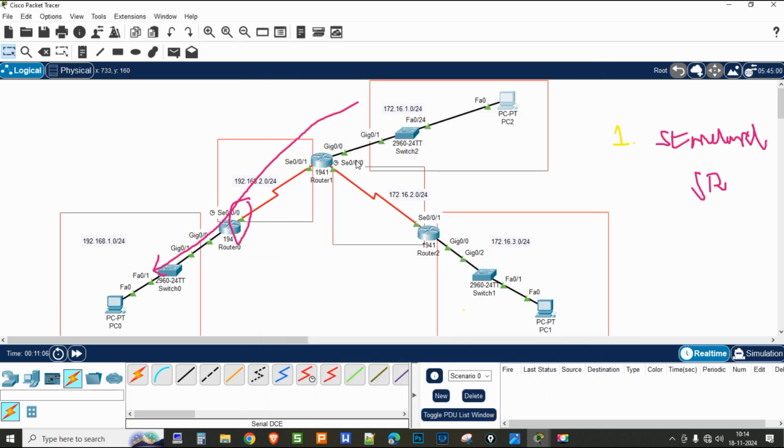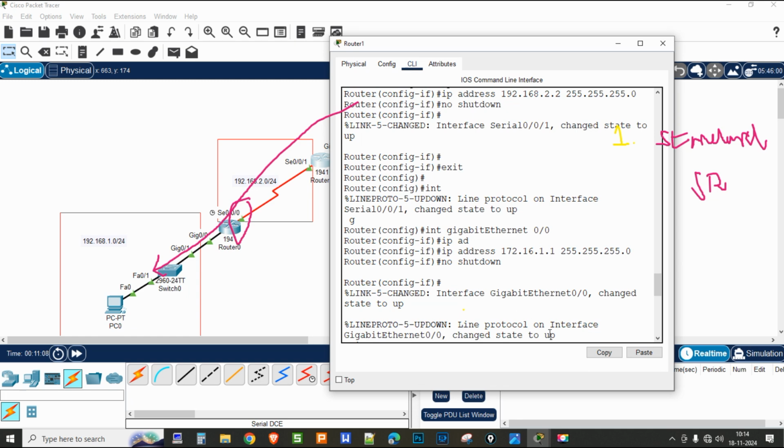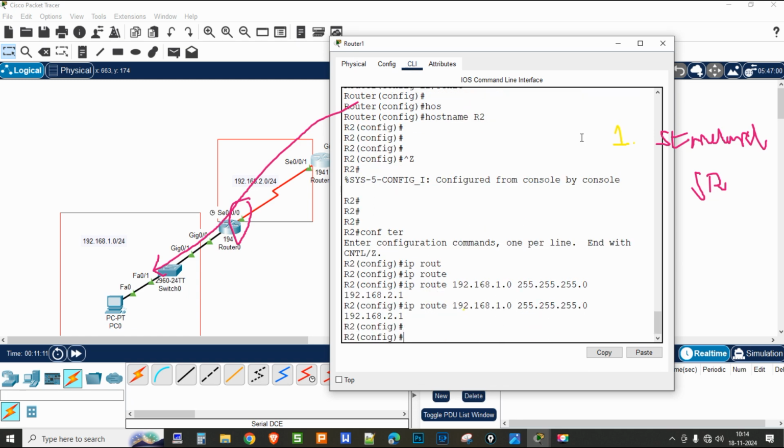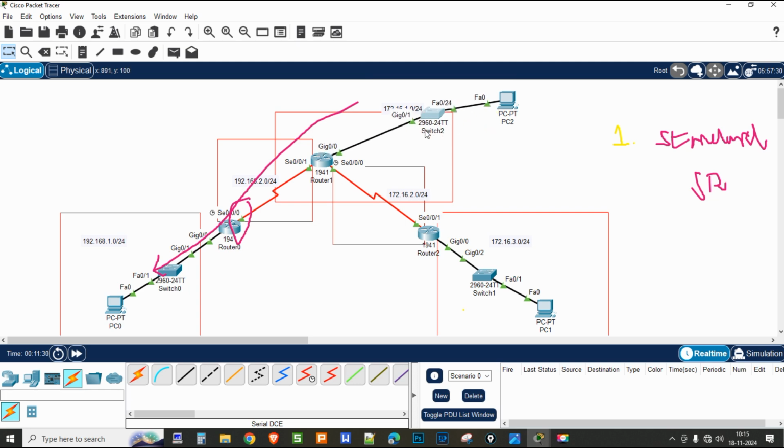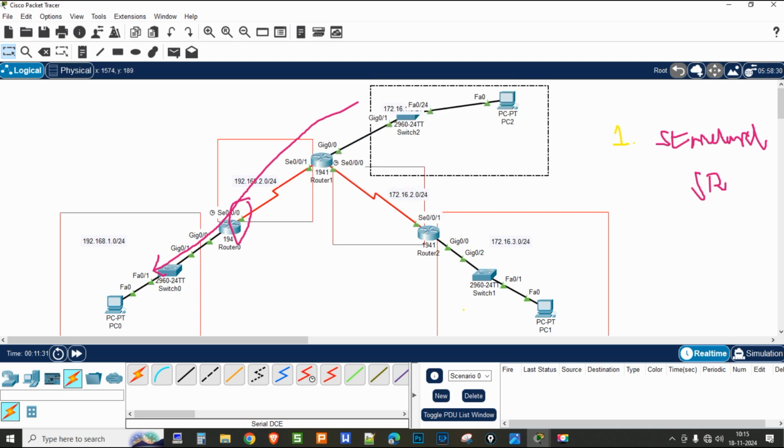Once we configure all the routes, then for example, the user wants to send the traffic via this interface.